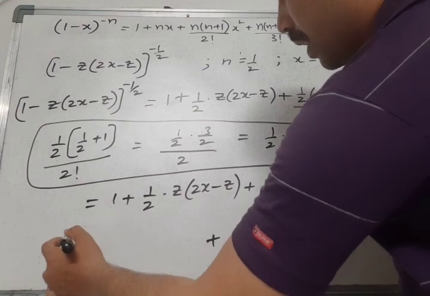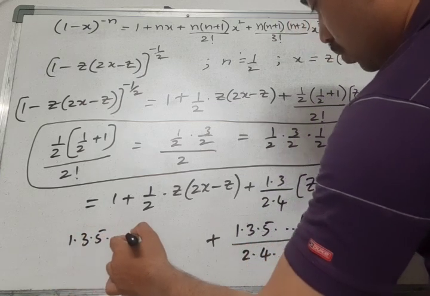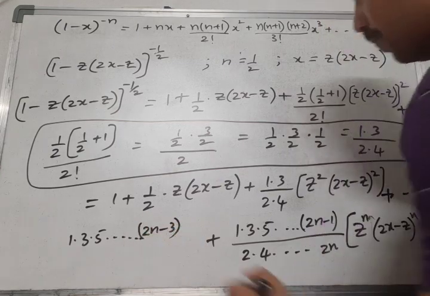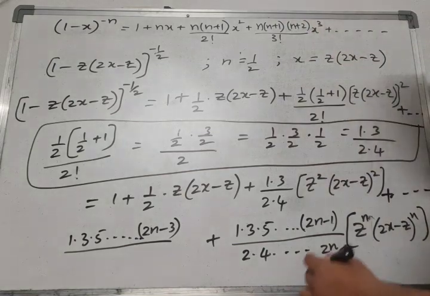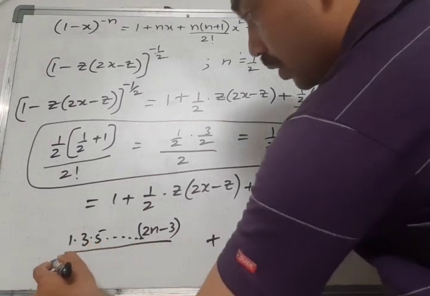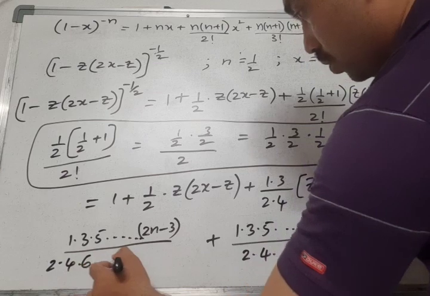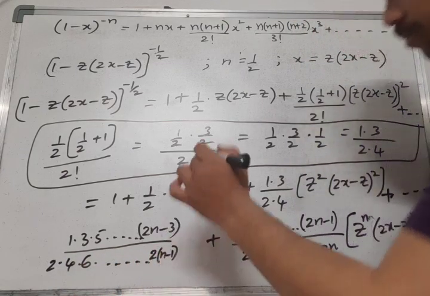So what do I write here? 1 into 3 into 5 and so on up to 2n minus 3, divided by 2 into 4 into 6 and so on up to 2 into n minus 1.